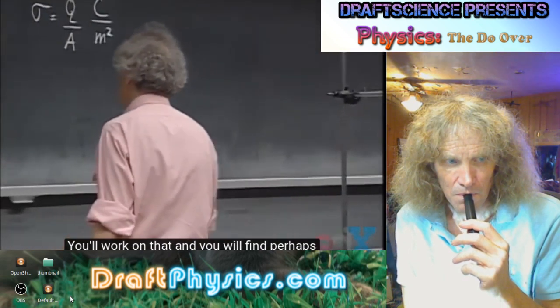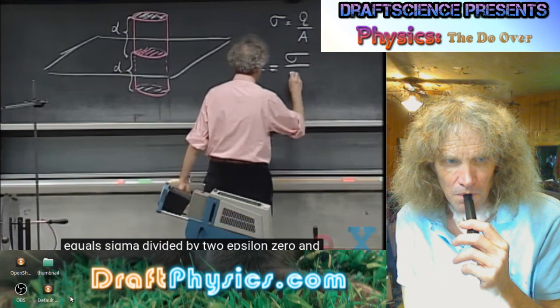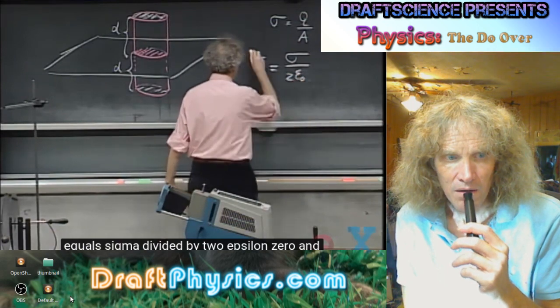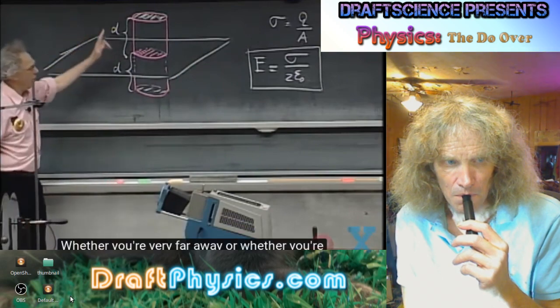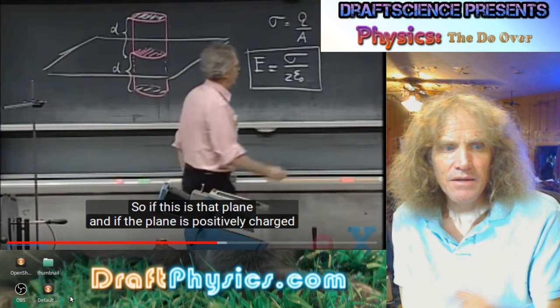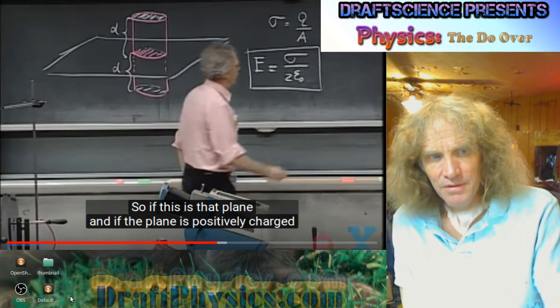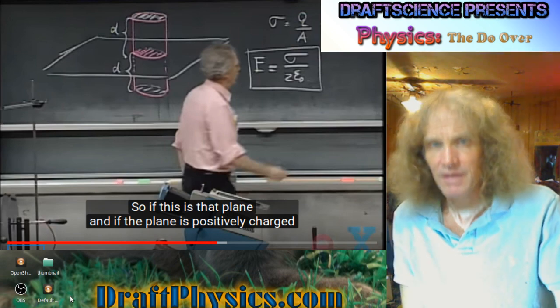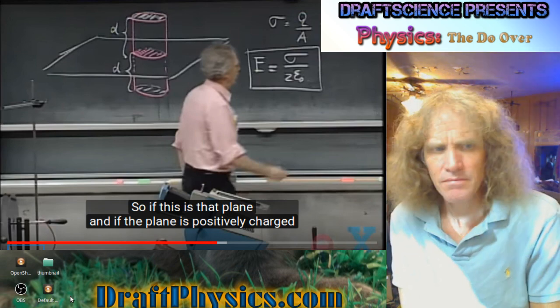You'll work on that, and you will find, perhaps to your amazement, that the electric field equals sigma divided by 2 epsilon 0, and that it is independent of how far you are from that plane. Whether you're very far away or whether you're close, it's the same. The 2 epsilon 0 is still a very small number because epsilon 0 is the permittivity of space, which is apparently really close to 0.